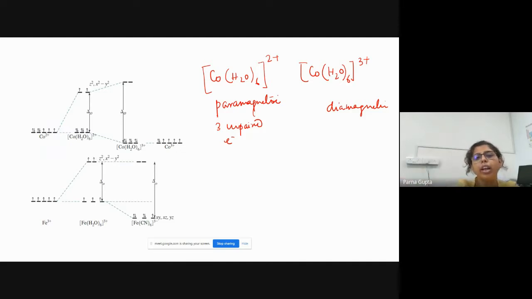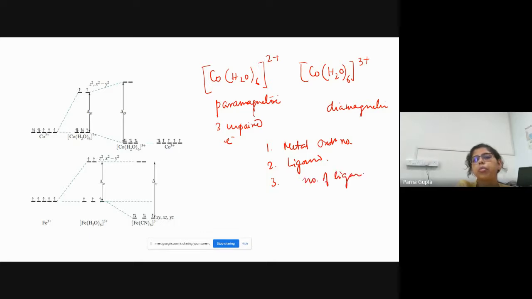You look at the metal oxidation number, you look at the ligand, the number of ligands, and you look at the overall charge on the complex, because that will tell you what the state of the ligand is. Is it neutral or negatively charged or anything? So these are the things you have to check.